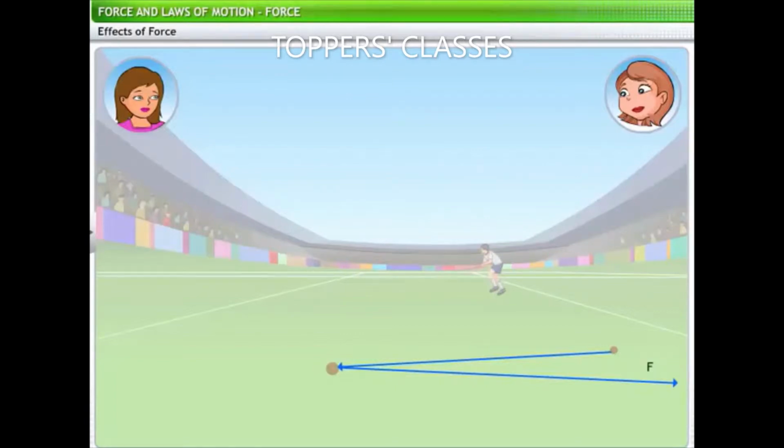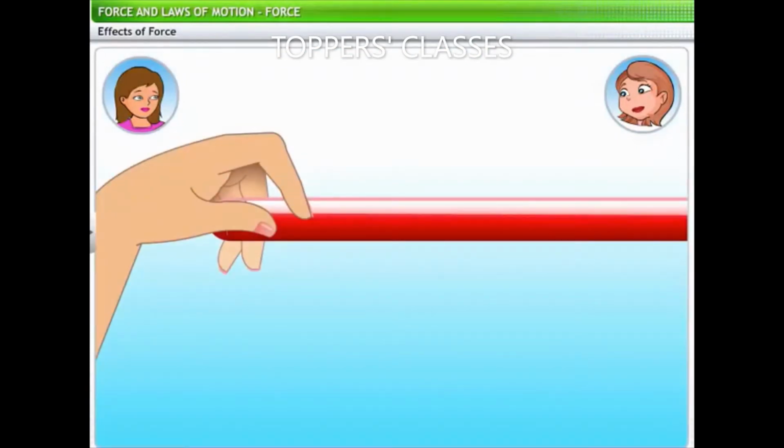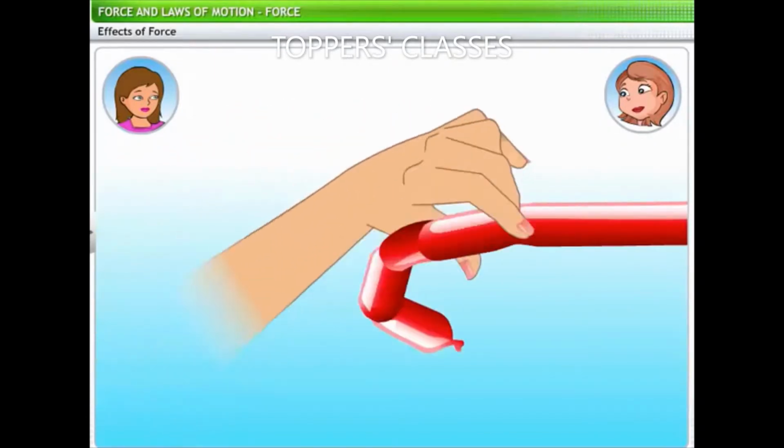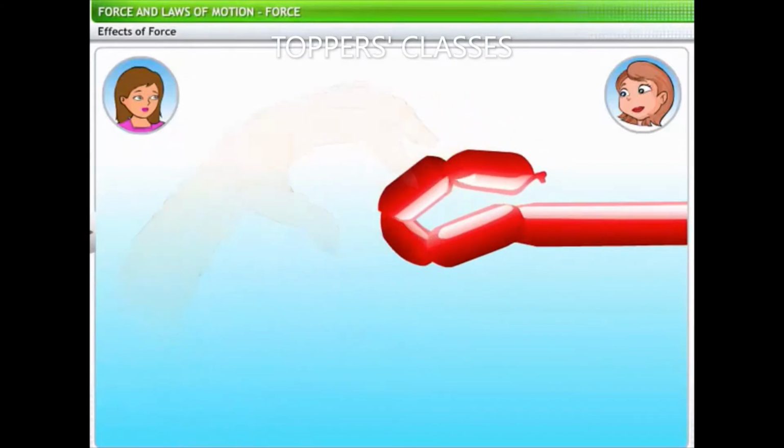And how does force affect the shape of an object? You may have noticed how a balloon man creates figures from balloons. Yes. They do that by squeezing the balloons in different places. Right. By squeezing, they are applying force on the balloon.